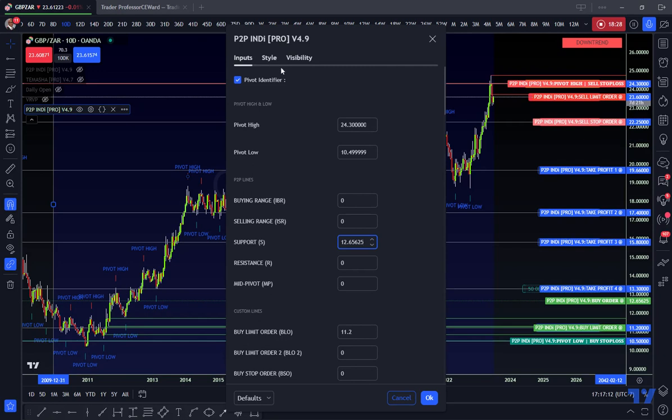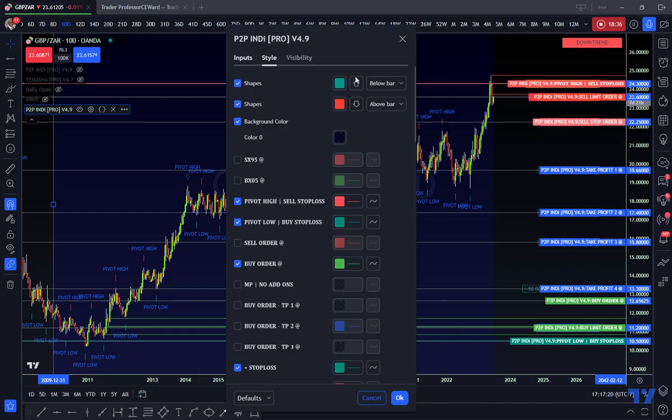Now I can go to style. And you don't have to hit OK, because if you do, it's going to close this window out. As soon as I go to style, it's just going to save this automatically for me. So I'm going to go to style, and now I'm going to remove the buy order here. See how it says support, but the buy order is still back there? It's because I need to remove it from the style. Bam. Now I can hit OK and get out.